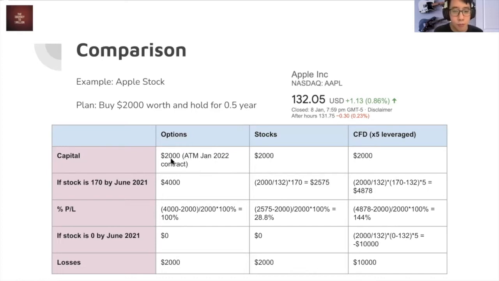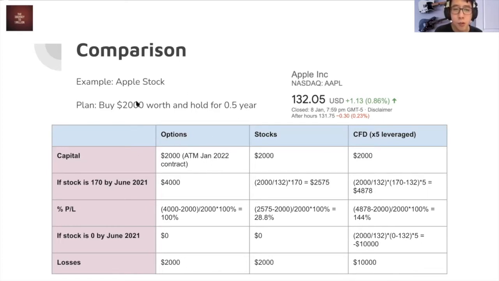So let's say for the options, with $2,000 capital, you can actually buy at the money, ATM, which means that the options contract strike price is around the current share price. So it can be about 130 strike price. And you buy for an expiry date of January 2022, which is a 1 year contract.